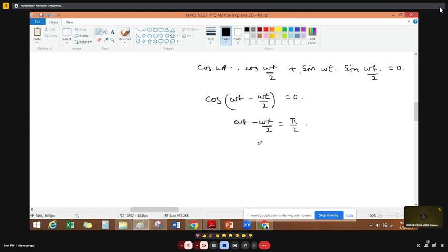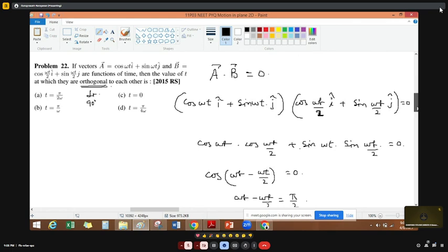This will become omega t divided by 2 is equal to pi by 2. That means 2 and 2 will cancel, so omega t is equal to pi. That means t is equal to pi by omega.